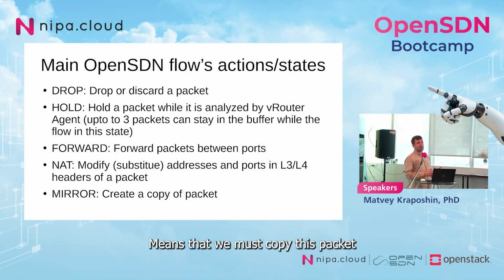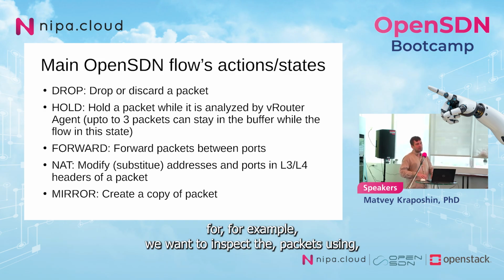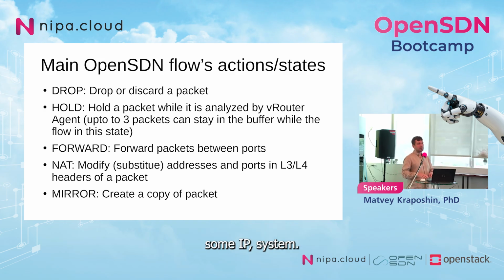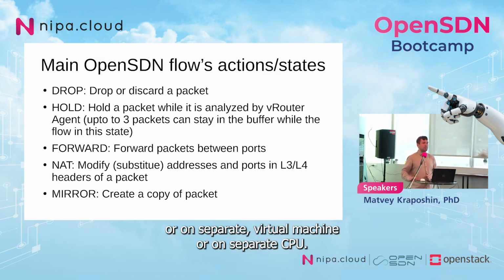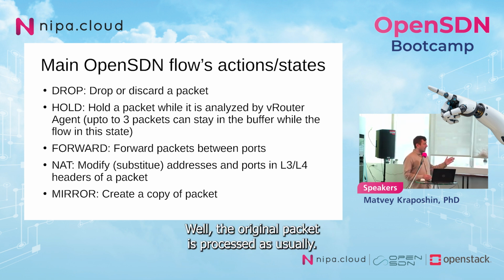And mirror means that we must copy this packet. For example, we want to inspect packets using some IPS system, and we don't want to consume CPU resources or slow down the connection. In this case, we create a copy of packets, and then we can analyze them separately on a separate virtual machine or on a separate CPU, while the original packet is processed as usual.